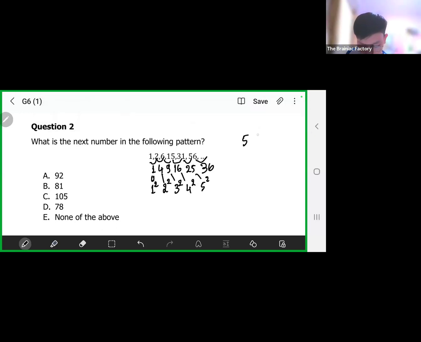So the next number is going to be 56 plus 36, which gives us 92. So answer A is correct, as most of you answered A.